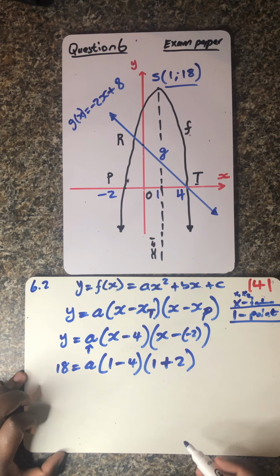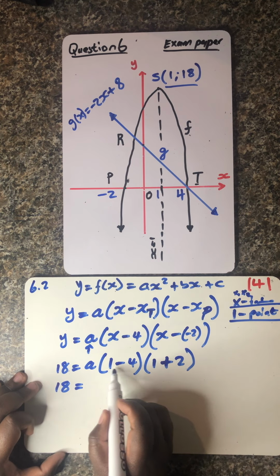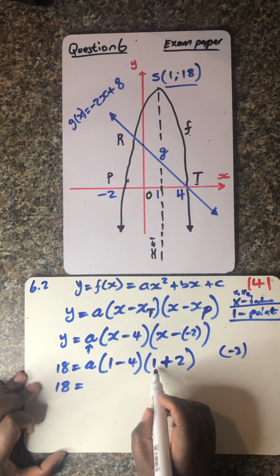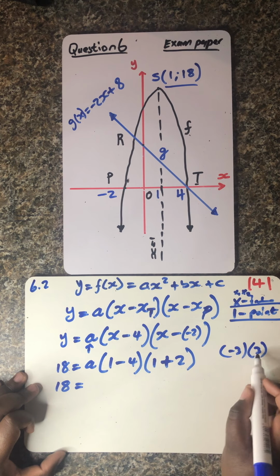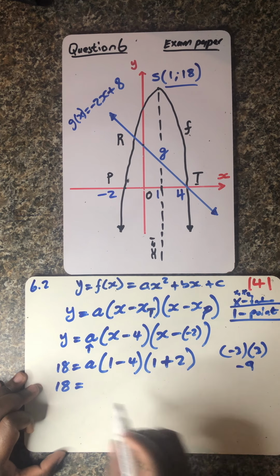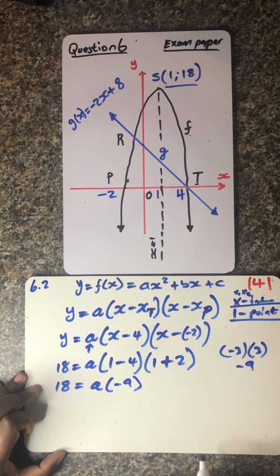So we have 18 equals, what is this? I think this is -3, and this should be 3. A minus and a minus multiply, so it should be -9. So you've got a times -9. Very important, ladies and gentlemen.